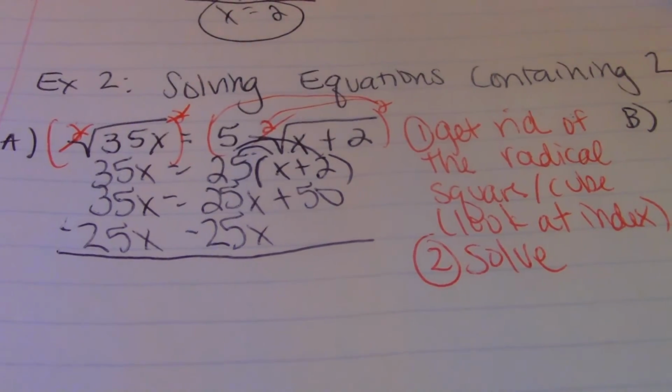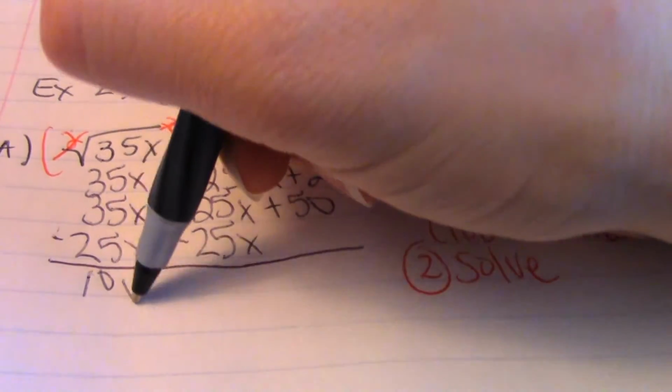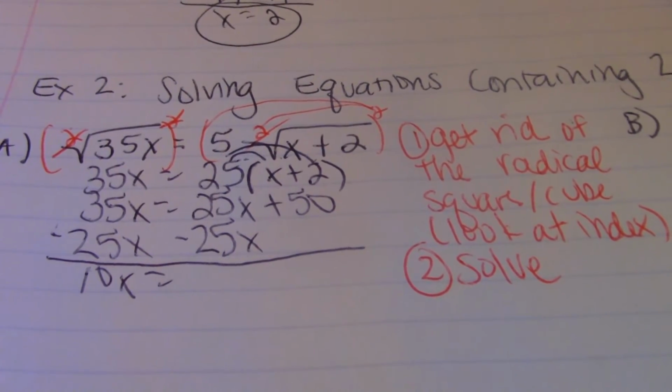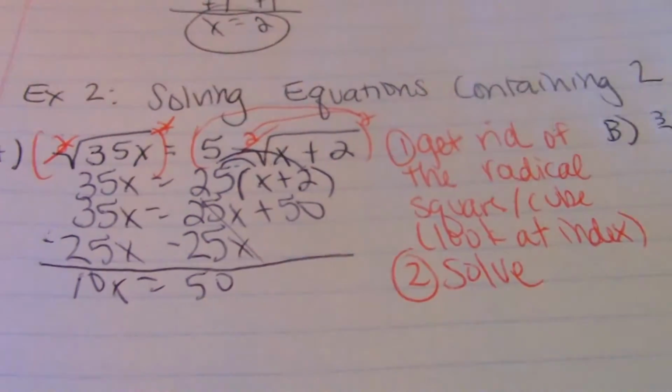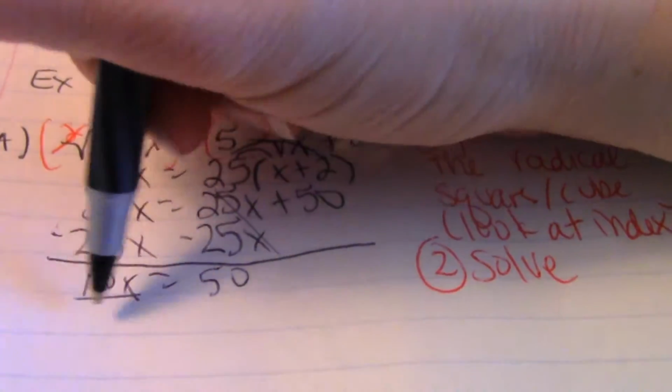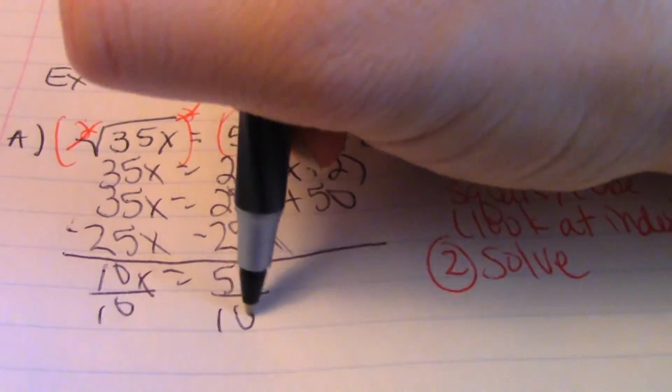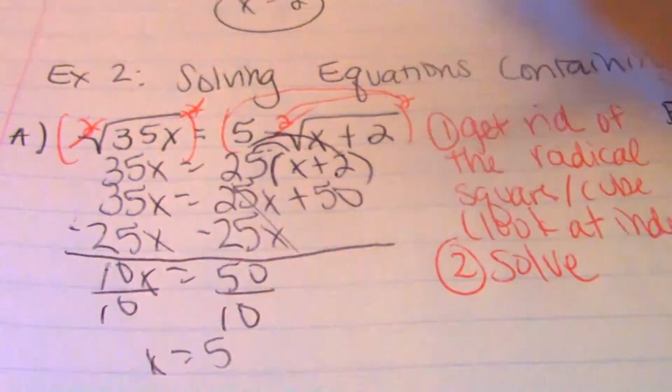So 35 minus 25 is 10, so 10x equals, this cancels, and we're left with 50. To solve for x, we need to divide by 10. So x equals 5.